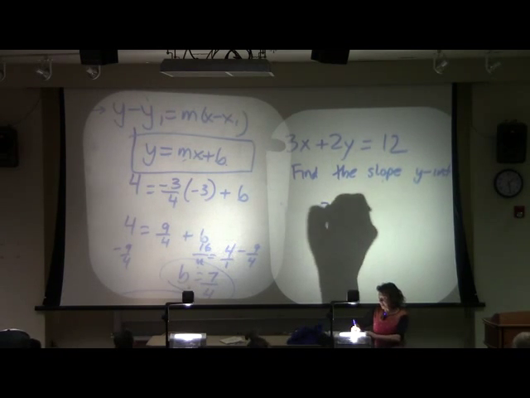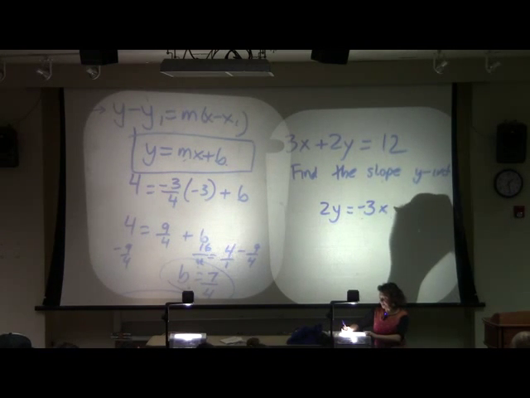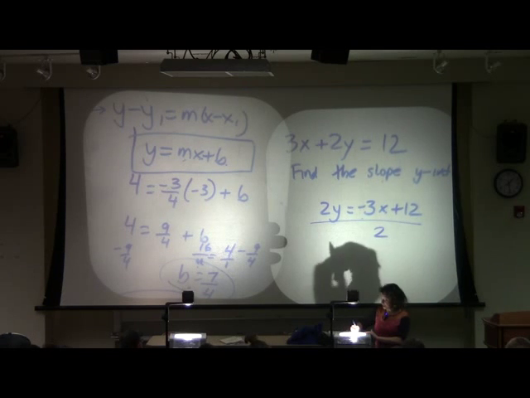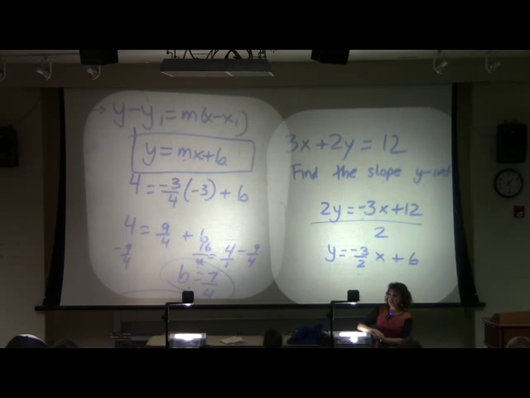You'd subtract 3x from both sides. So do you agree you have 2y is negative 3x plus 12? What would be our next step? Divide everybody by 2. Do you agree you have negative 3 halves x plus 6? Questions this far?